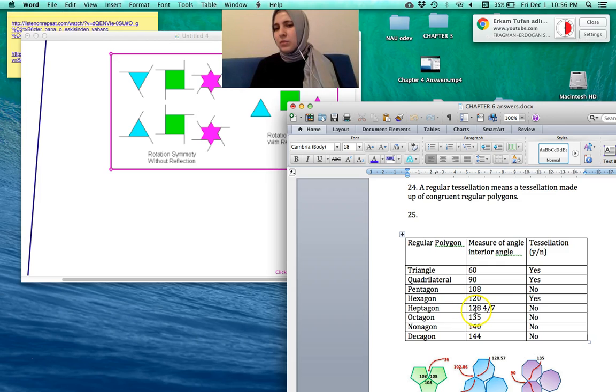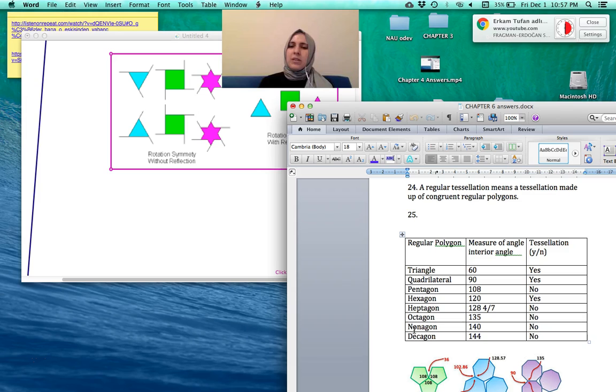this is 128.4 divided by 7, it's an interior angle, but we can't make a tessellation. The octagon interior angle is 135, and we can't make a tessellation. The nonagon interior angle is 140, and as you see, we can't.